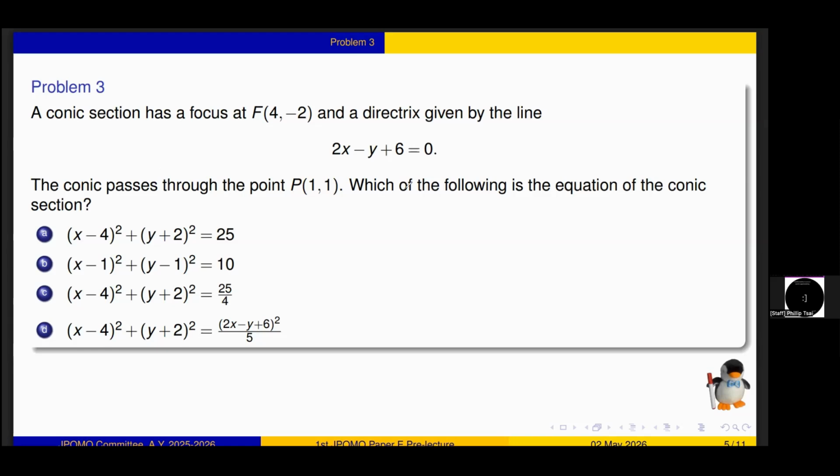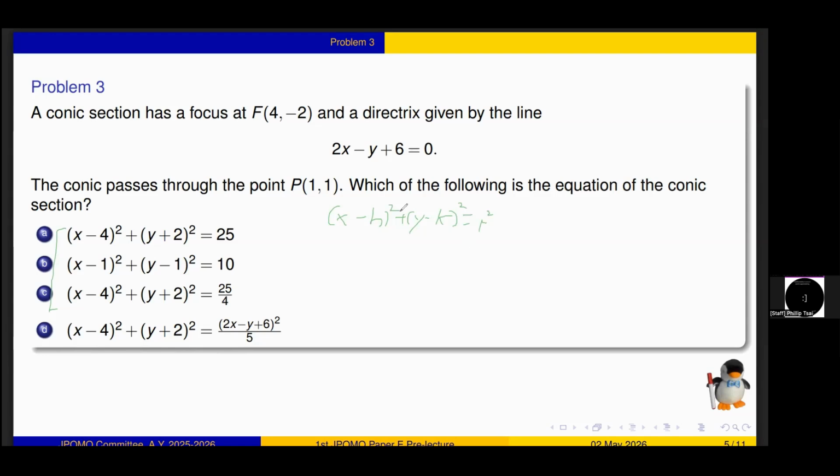if you see here, all of these equations are of the circle formula (x minus h) squared plus (y minus k) squared is equal to r squared, right? This is the formula for a circle. But for a circle, the directrix is technically at infinity, right?